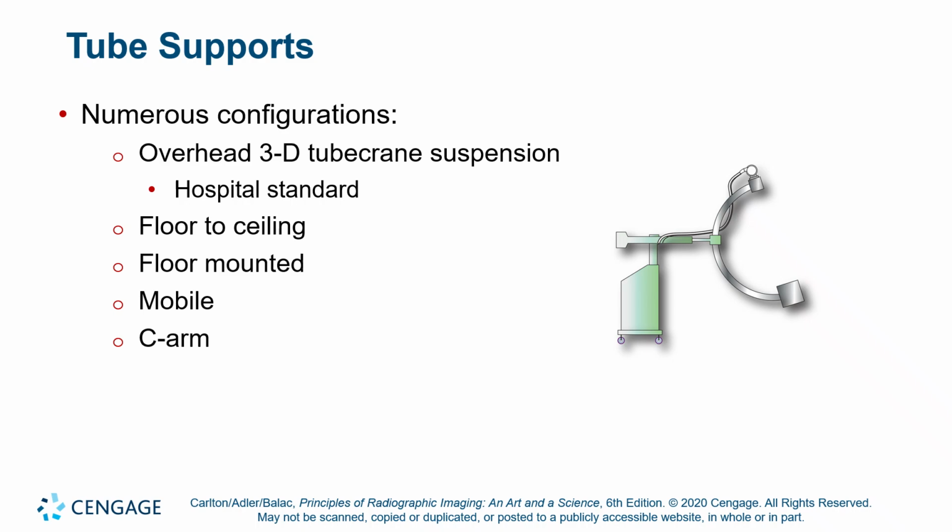A floor to ceiling post mount or a floor mount x-ray tube has a little bit more limited capacity. You can't do much stretcher work with that because the x-ray tube is always over the exam table. Whereas with a crane mount, if the patient's arriving by stretcher and it's a tabletop exam, you don't have to move the patient to the exam table.